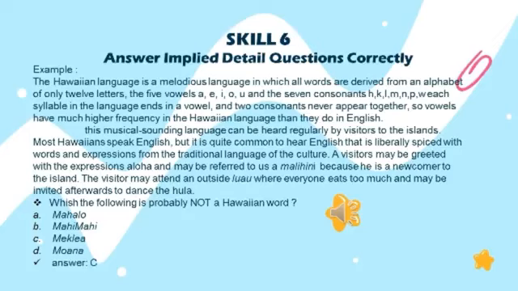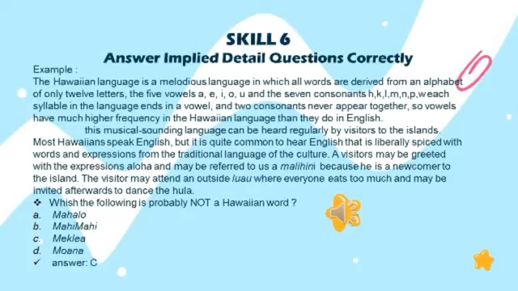The character of this type of problem is the use of the words implied, inferred, likely, or probably. Then you can read the example on this slide. To answer the question, you should refer to the part of the passage where it states that in the Hawaiian language, two consonants never appear together.